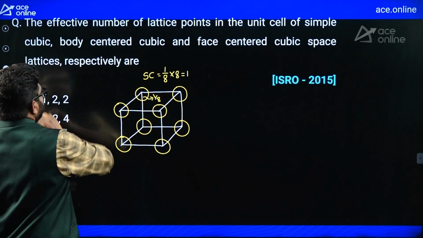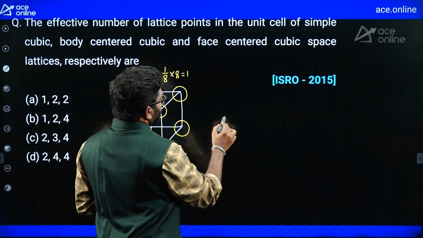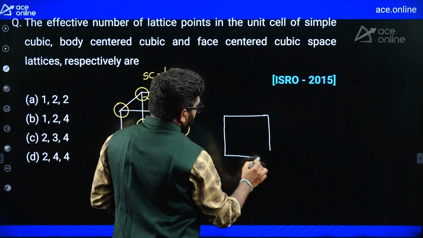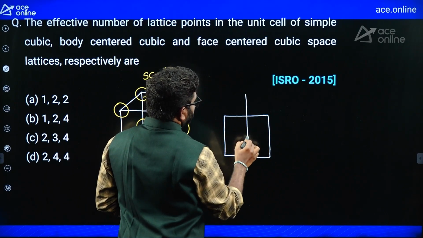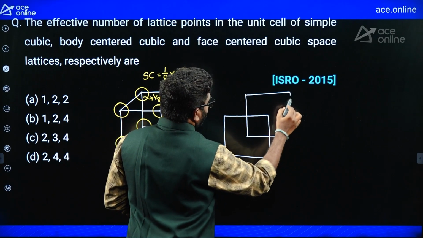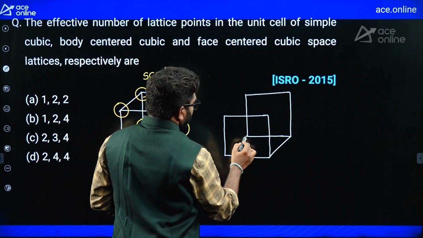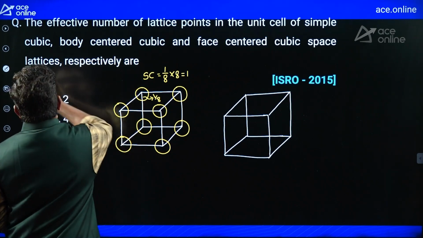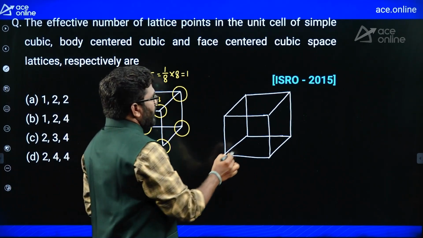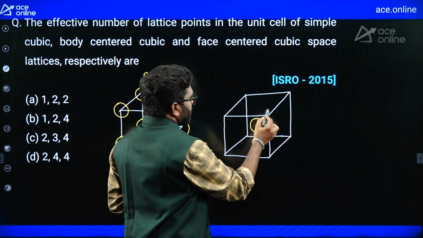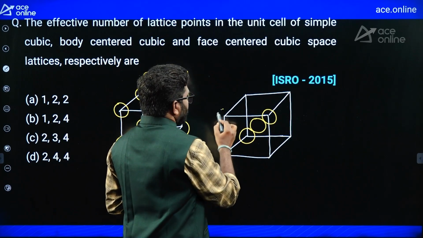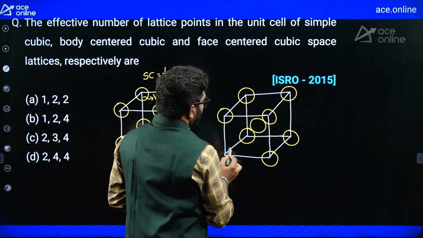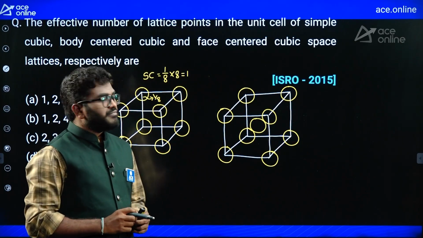Next, let us consider BCC structure. In BCC structure, remember, 8 atoms are located at 8 corners and 1 atom is located at the body center.